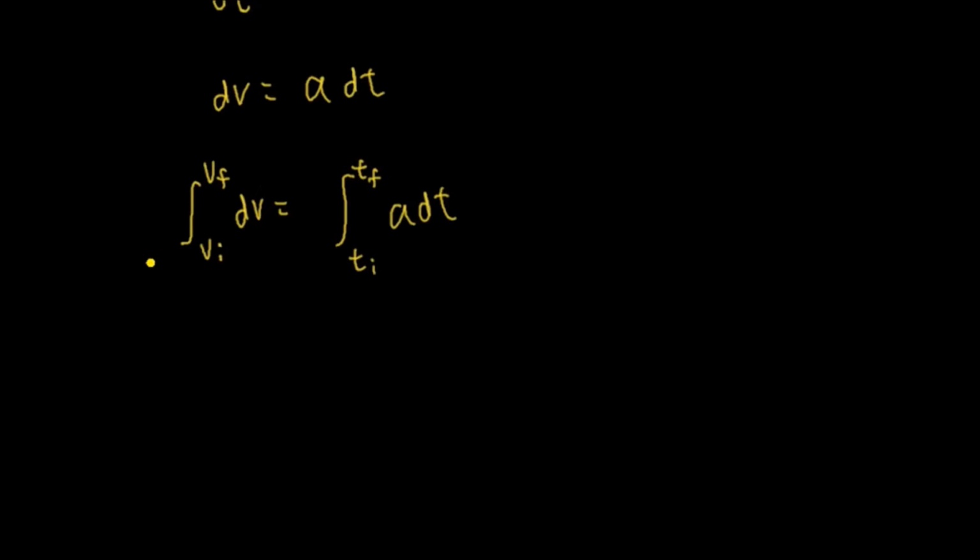Okay, let's evaluate this integral. The integral of dv is just v. So we have v, evaluated from v initial to v final. And on this side, since we're integrating dt, we will have this as t. So it's just at. And of course, we have to evaluate from time initial to time final.